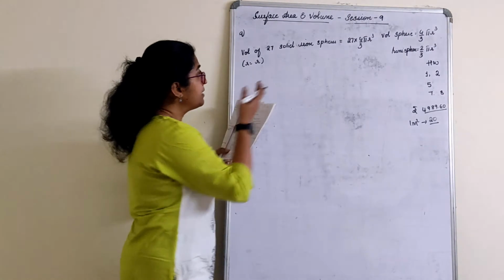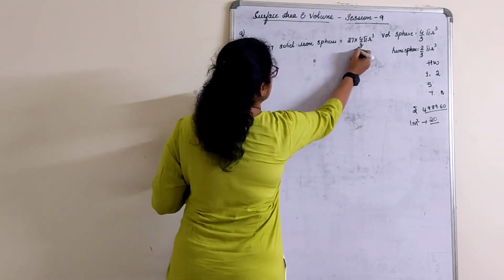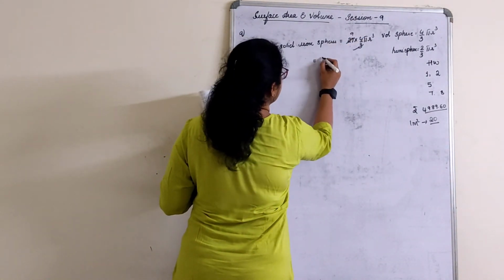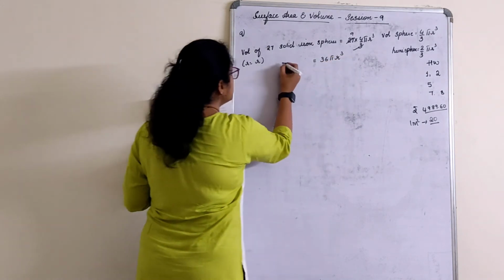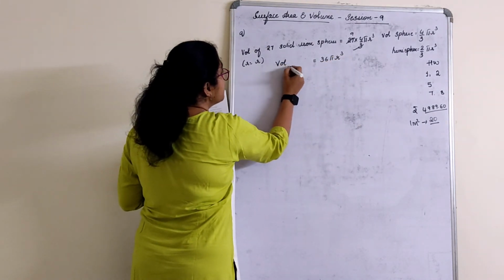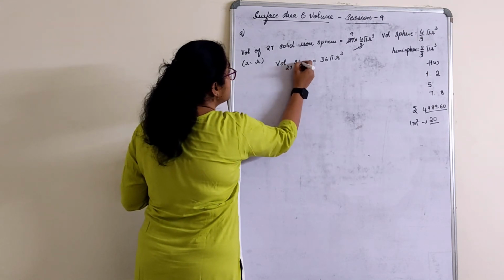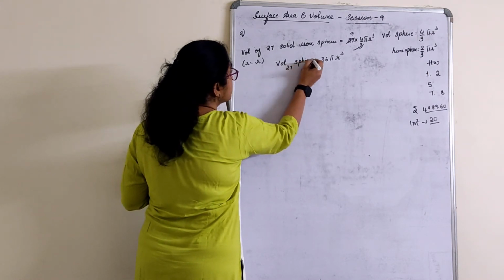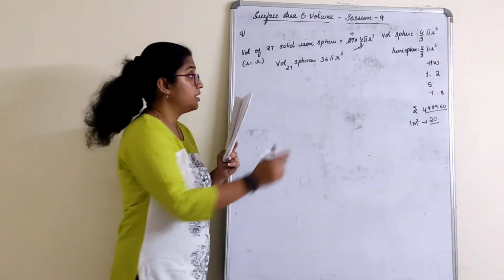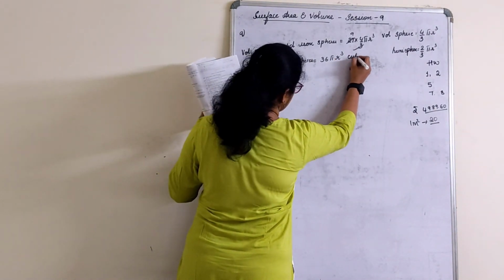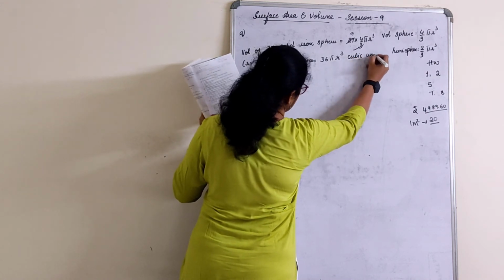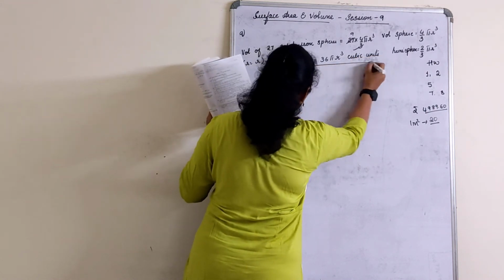So the volume of 27 spheres: 3 ones are 3, 3 nines are 27, 9 fours are 36, so 36 pi r cube. This is the volume of 27 spheres, in cubic units. First part we have done.